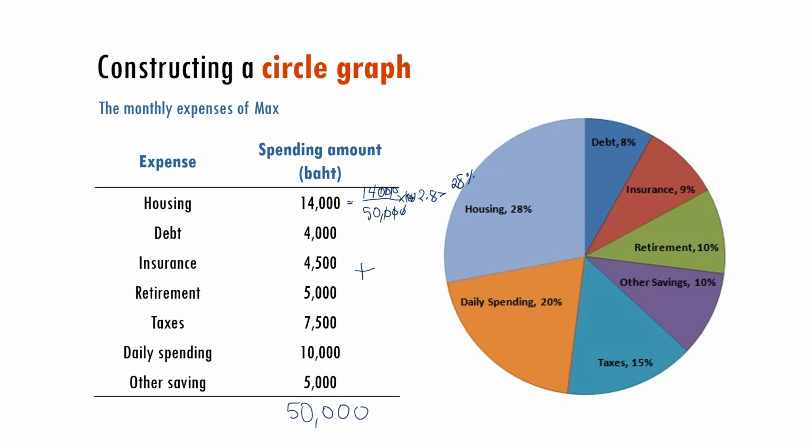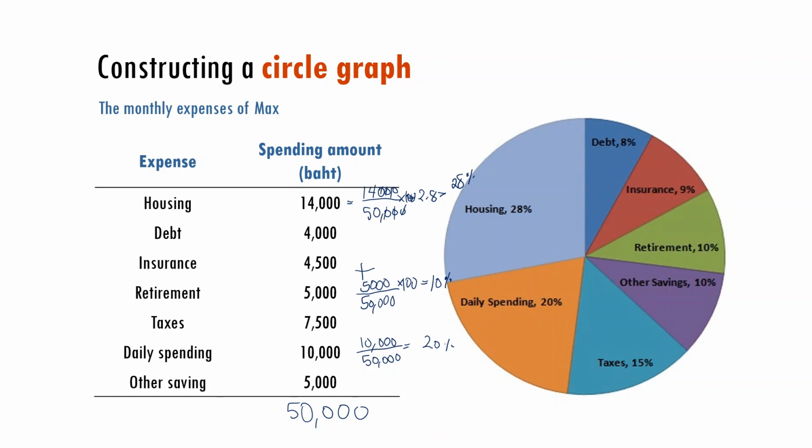Same thing for the other examples. Retirement 5,000 divided by 50,000 multiplied by 100, and I get retirement as 10%. Daily expense 10,000 divided by 50,000 gives daily expense as 20%.